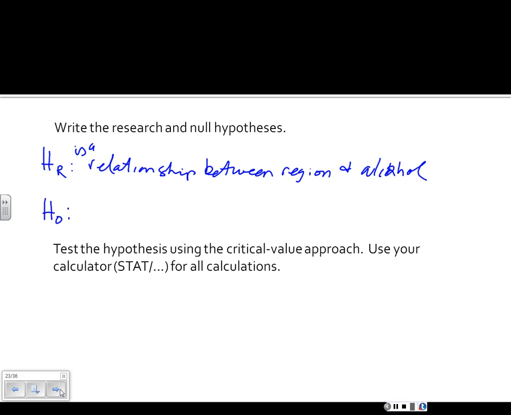And HO is that there's not a relationship, or that they're unrelated. Then we're going to use the critical value approach. We're going to reject HO if chi-square test is greater than some value, always a one-tailed upper.